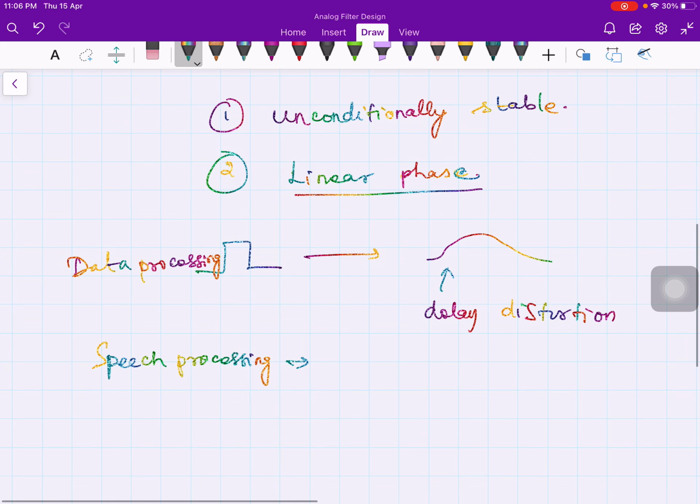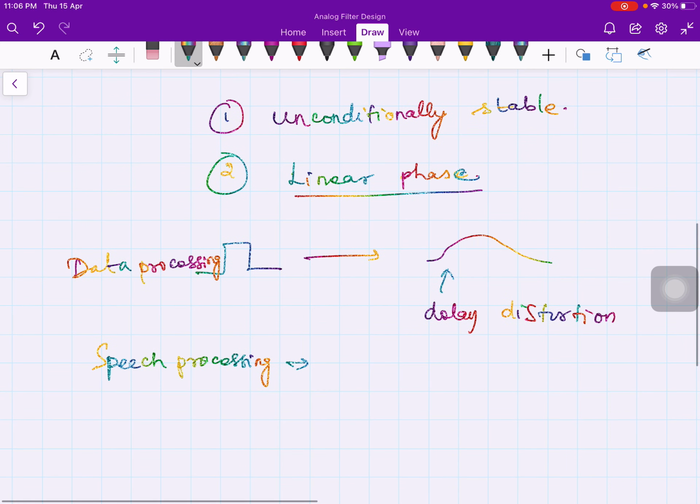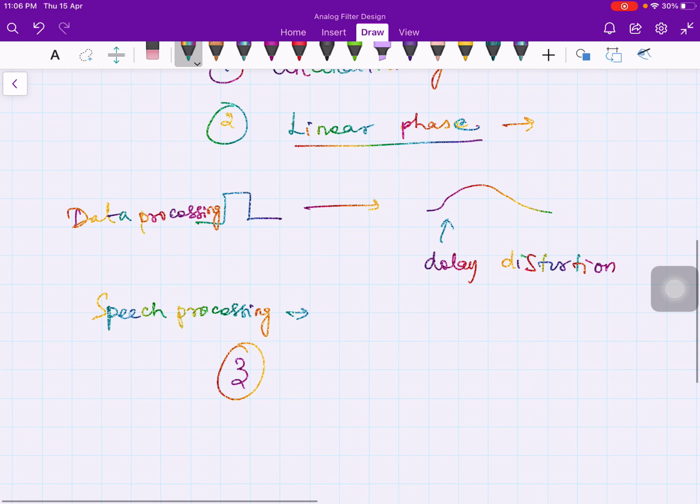Okay. So there are two main reasons. One is that it is a linear phase. This is one advantage. And the other is that it is unconditionally stable. There is a third advantage. You see, if you have a non-causal FIR filter, then you can make it causal. How? By simply shifting the whole thing to the right. Isn't that right?